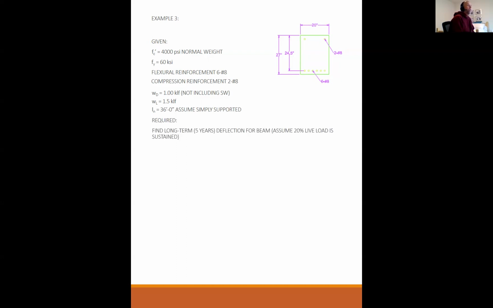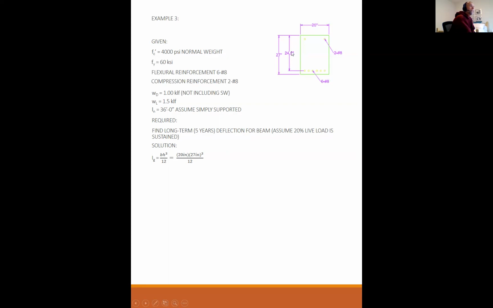What I'm requiring is to find the long-term deflection at 5 years for the beam, and assume that 20% of the live load is sustained. Solution. I gross, b h cubed over 12, 20 times 27 cubed over 12. Notice that I gross is based on the gross section.